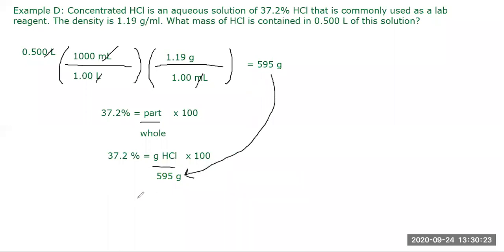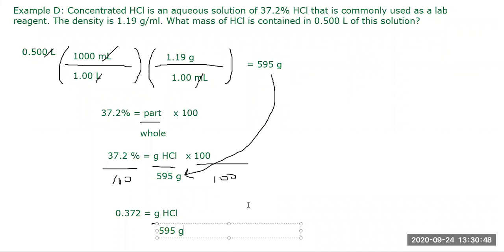Okay. So then I divide both sides by 100. I'm dividing by 100 over here. I'm dividing by 100 over here. So that's going to tell me 0.372 is equal to grams of HCl over 595 grams.